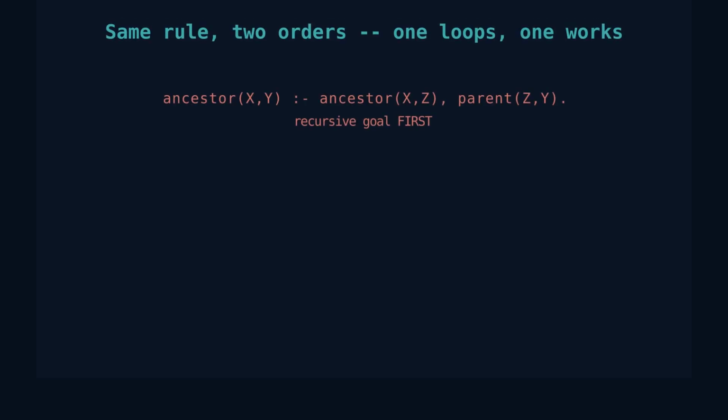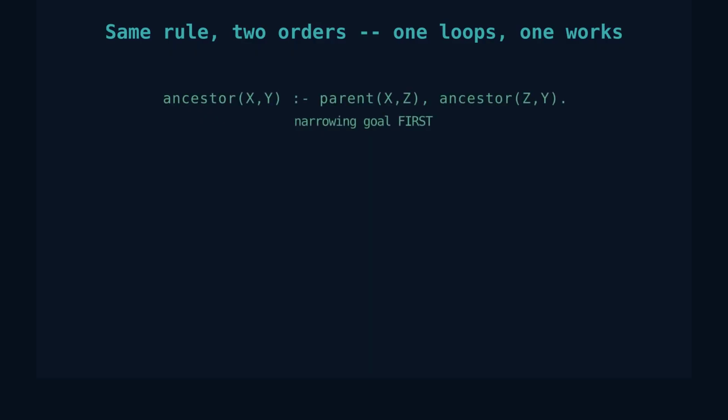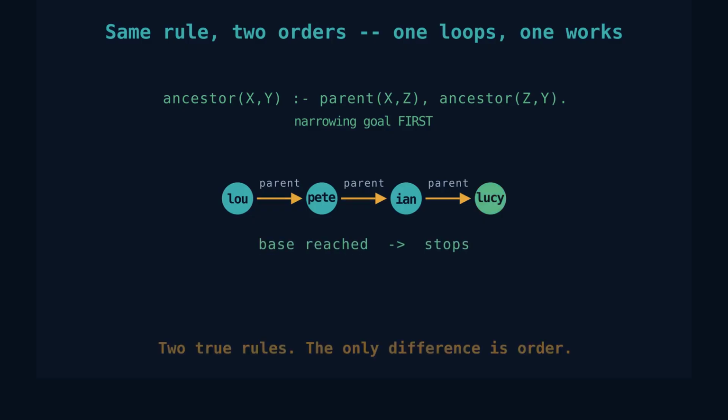Now the example that makes this unforgettable, and it uses the ancestor predicate from Module 4. There are two ways to write the recursive rule. The left-recursive version puts the recursive call first, ancestor of X and Y if ancestor of X and Z, and parent of Z and Y. It is perfectly true. But watch the search. To solve ancestor, Prolog first tries to solve ancestor again, with nothing yet narrowed down, and again, and again.